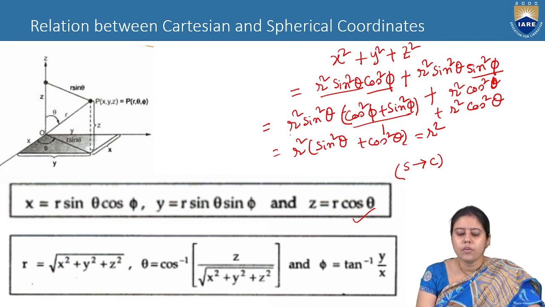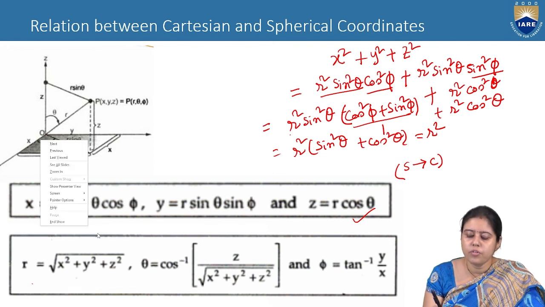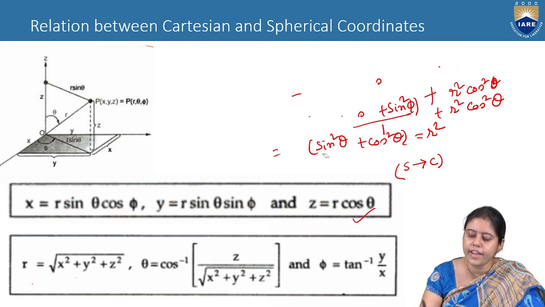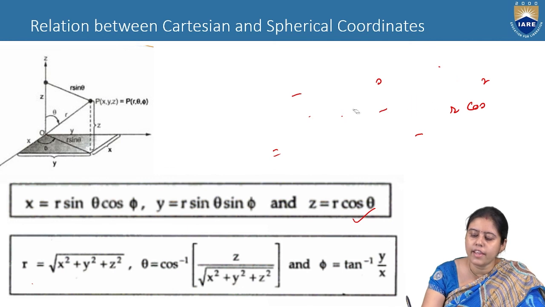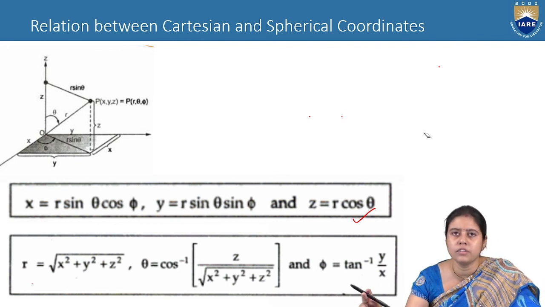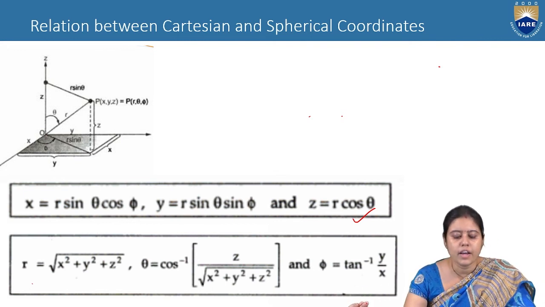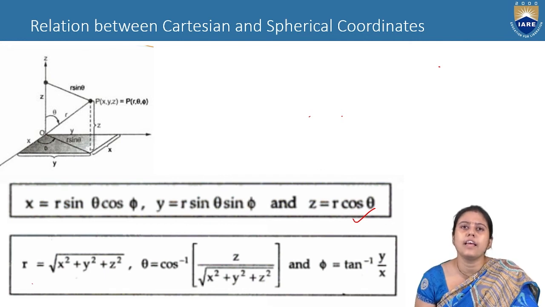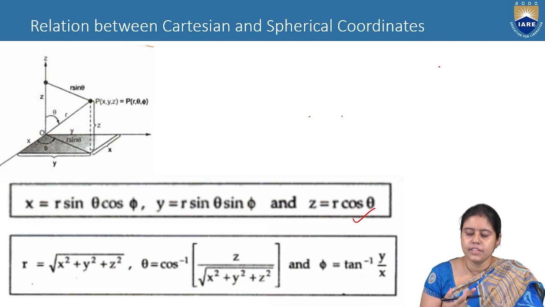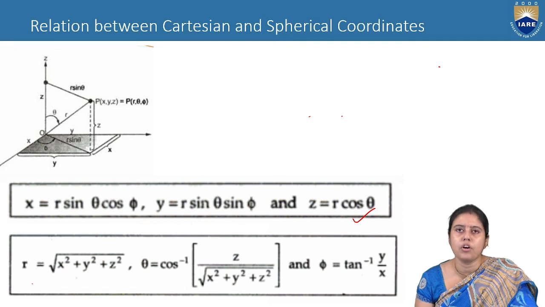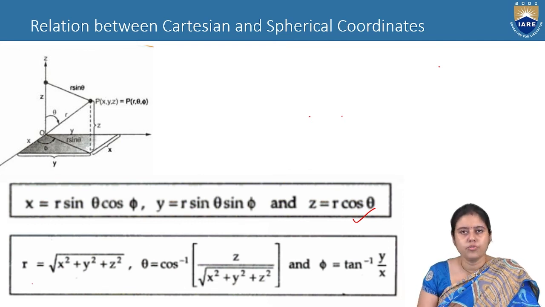Now, what is the value of phi? How to calculate the value of phi? Phi is always about the xy axis. The angle phi is the same for the cylindrical and the spherical, in both cases it is all about the xy axis.